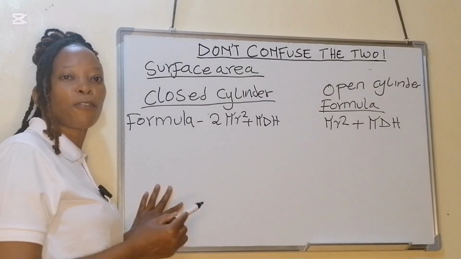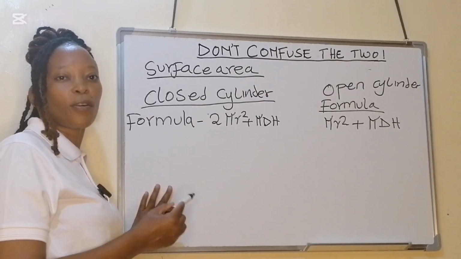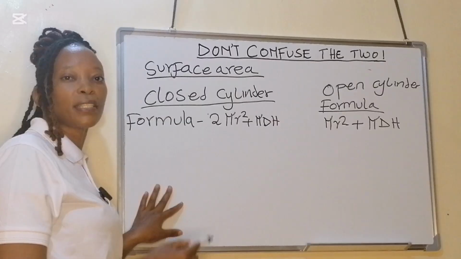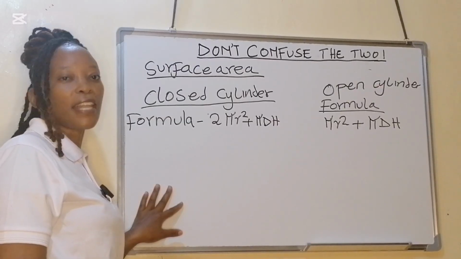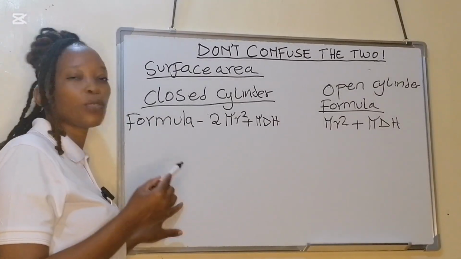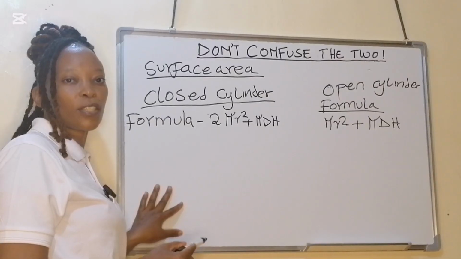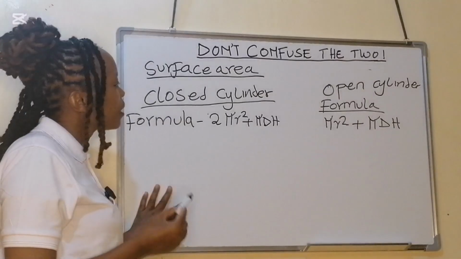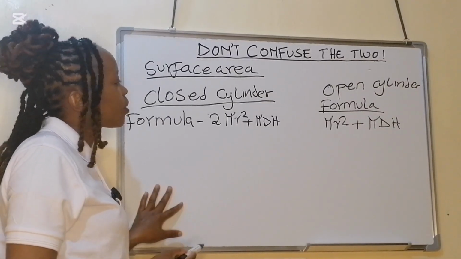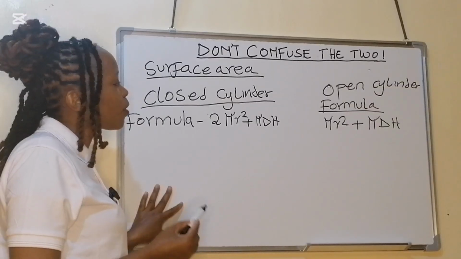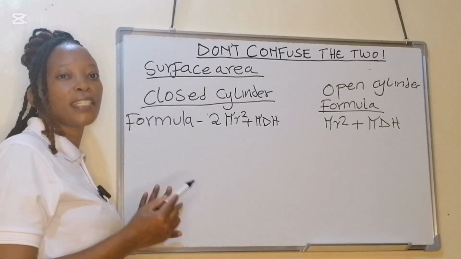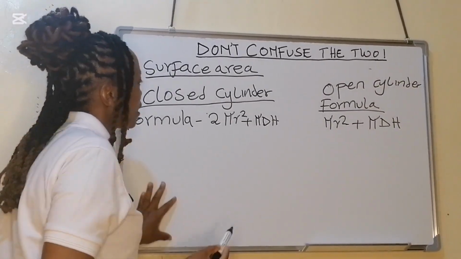So, please focus on interpretation of the question. Know how to interpret the question correctly. And that is what I am helping you do. So, stay with me up to the end of the lesson, because I'm going to help you interpret the question correctly.